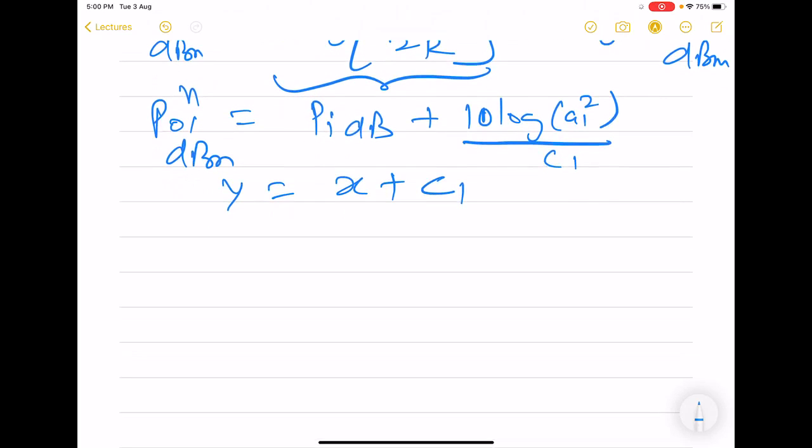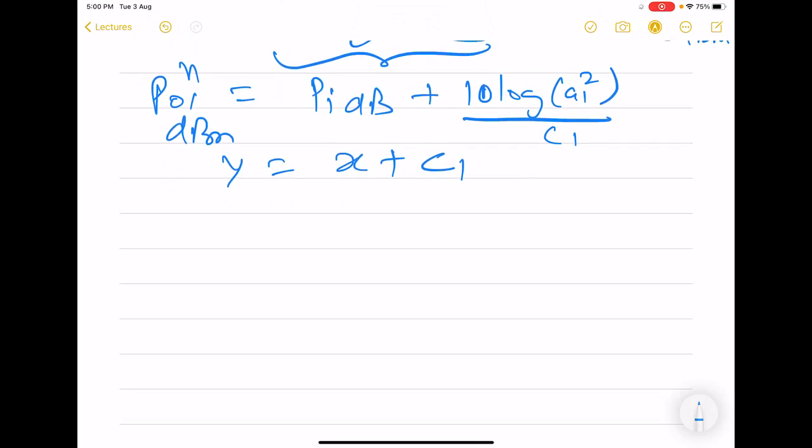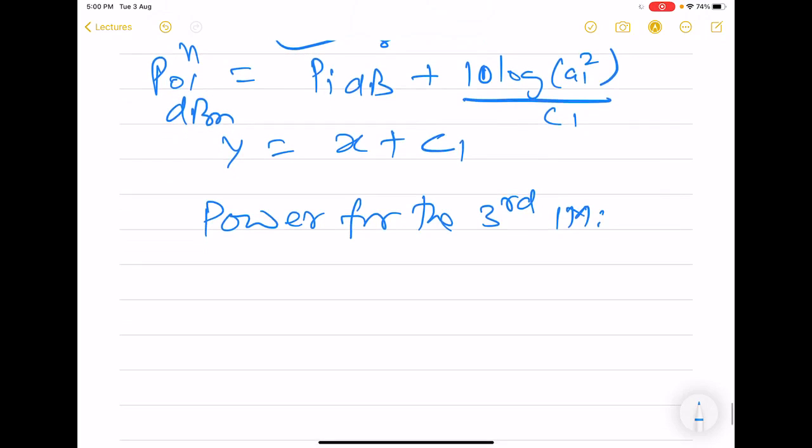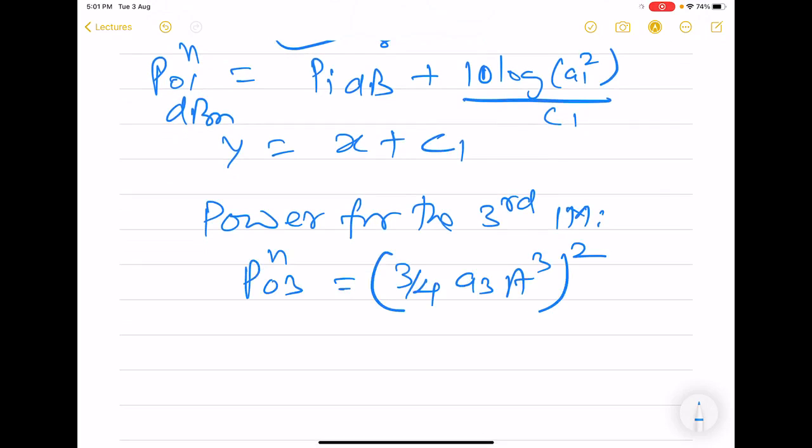Now for the third intermodulation product, so this is in watt.